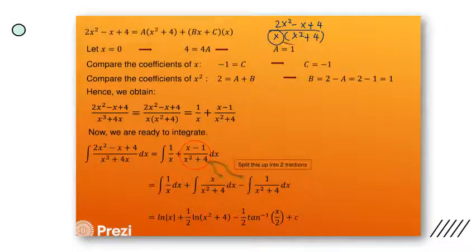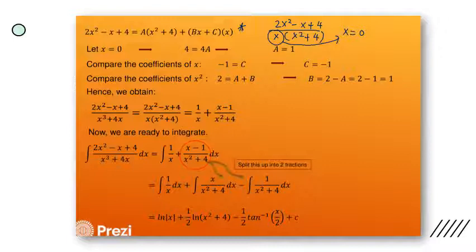We know that x equals 0 is a root of the denominator, so we let x equal 0 and substitute into this equation. For the left hand side, we get 4 equal to 4A plus 0.